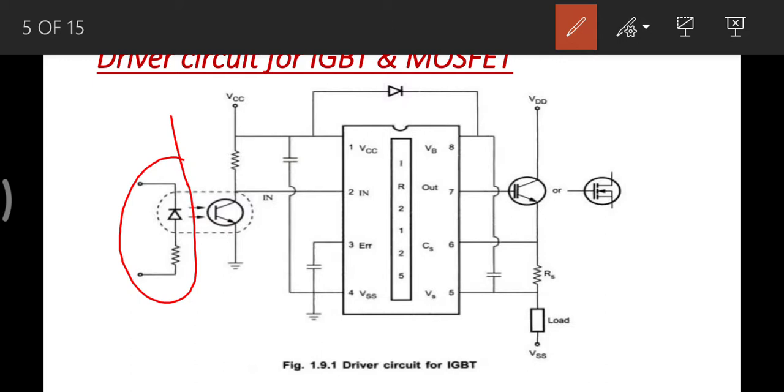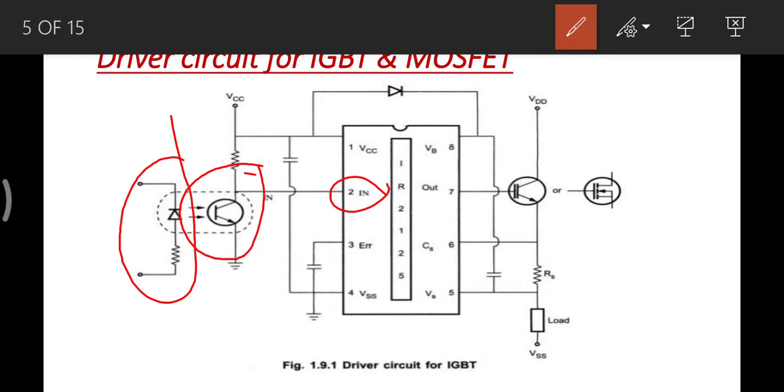This IC contains a total of 8 pins. The first one is VCC, the supply voltage, and the second one is the input for the IC, meaning what we apply to the IC using these signals.